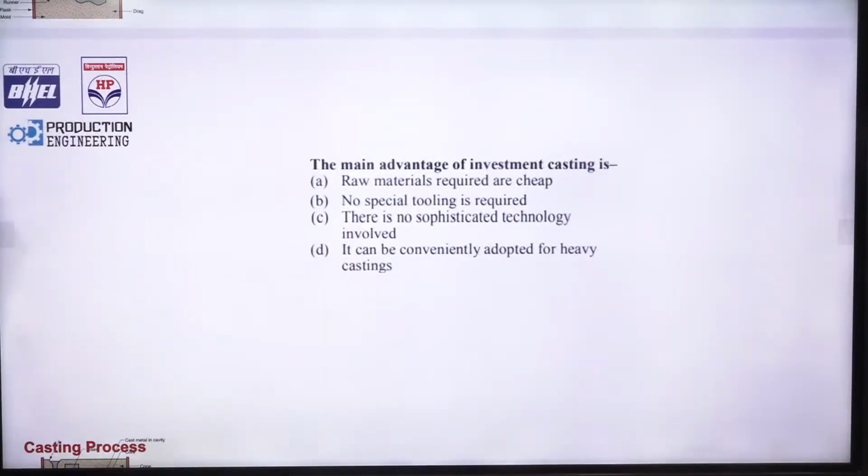What is the main advantage of investment casting? What do you think is the main advantage? Raw material required is cheap. No special tooling is required. No sophisticated technology involved. Can be conveniently adopted for heavy casting.